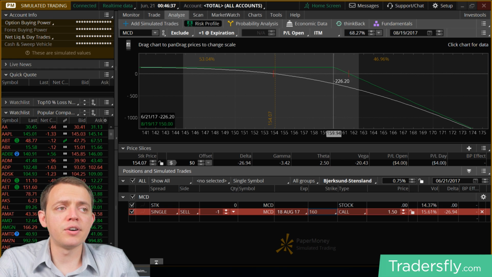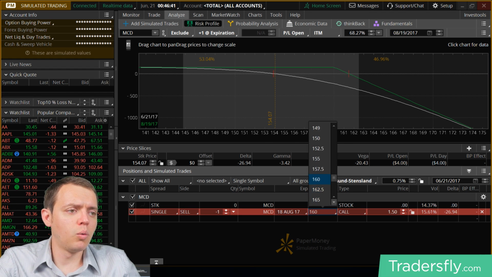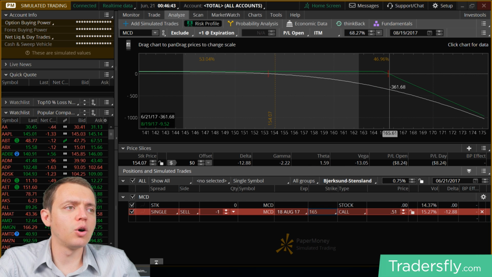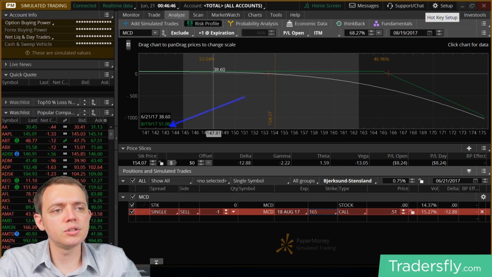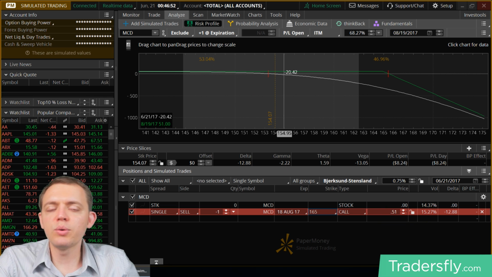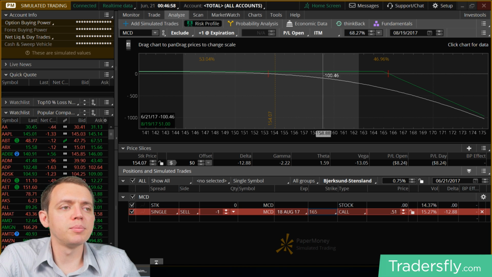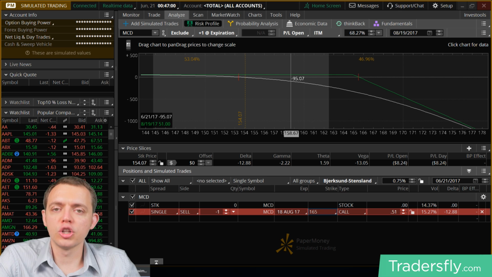But I'm safer, meaning I have a bigger range. If I go 165, I can go even wider. Now, I only make $51 on this one, but my chance of success is a lot higher. So anyways, you have to play with those probabilities based on your own personal situation and risk levels, but that's ultimately what you're looking at with a call contract.